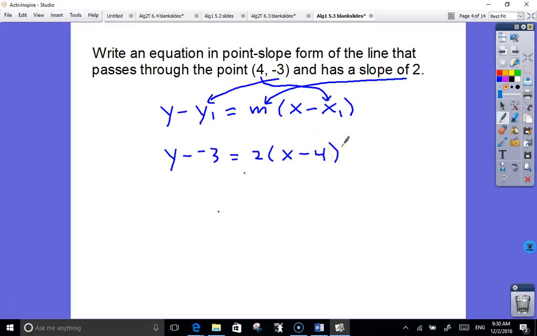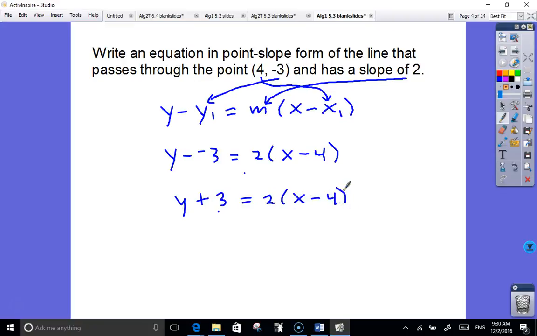Now if that's the whole question, that's in point-slope form right there. But I would say you should simplify just a little. Don't distribute. That wouldn't be point-slope form anymore. But you should simplify minus a negative. How could I change y minus -3? It's y plus 3. So don't leave minus a negative. At least fix that part of it. y plus 3 equals 2 times x minus 4.